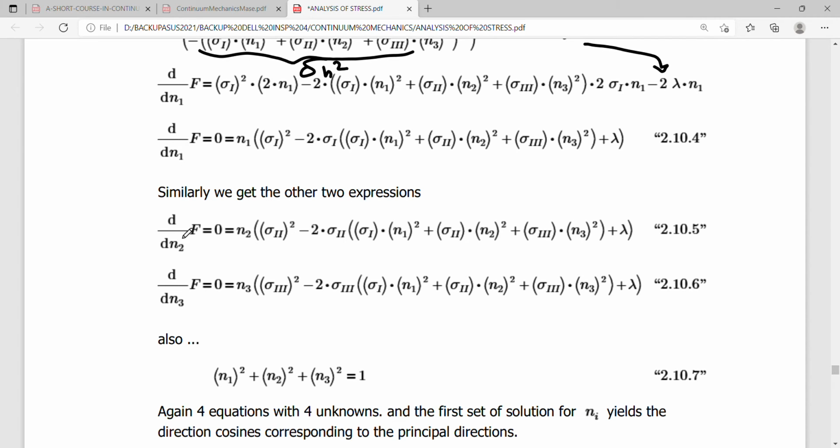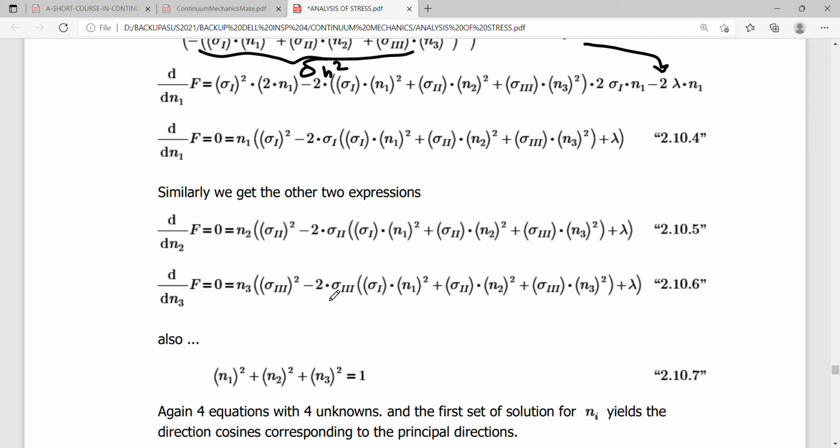And the derivative, of course, will be with respect to n2 and n3 here. Also, the sigmas, the principal stresses, will change from 1, 2, and 3 there, and here from 1, 2, and 3 here. Okay.